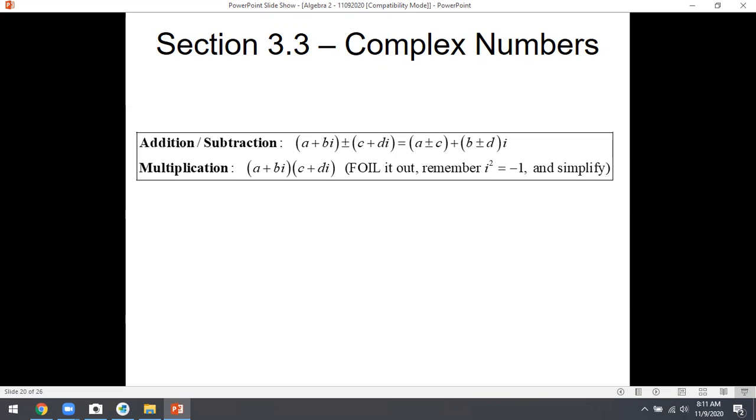You're adding like terms. You're subtracting like terms. That's what you do with addition and subtraction. Multiplication, you're just distributing out, foiling, if you will. So I think it's actually a bad formula. I would not write it down and try to memorize it. I would just try to understand the process because it's so much easier than all that. So, long formulas there. Examples will do far more justice for this than that will right there.